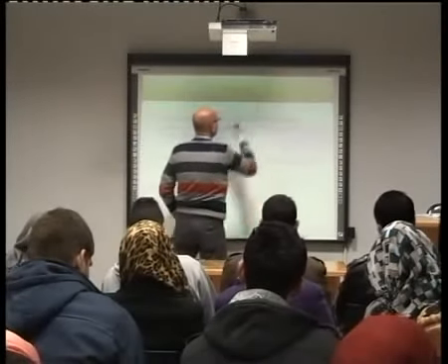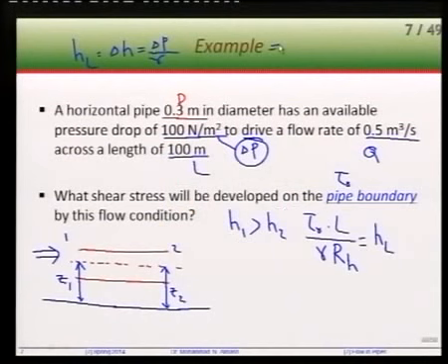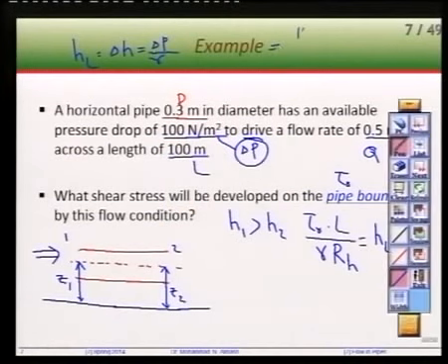And thus, it will equal the 100 over gamma. What is gamma? Newton per cubic meter, and that is Newton per square meter, so it will give me a value. Regardless what is the value, it's not really much important now. So this would be my head loss. L, you have it.